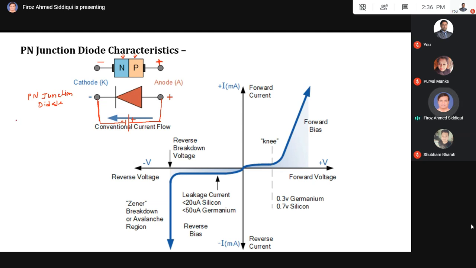So there are three possible combinations of biasing of this diode. One is forward biased. Second is reverse biased.